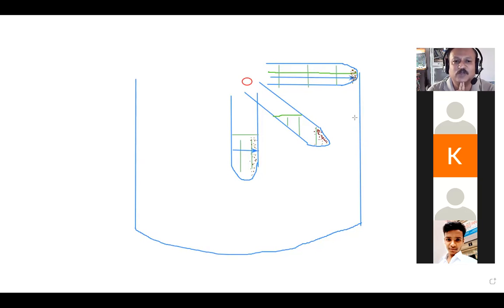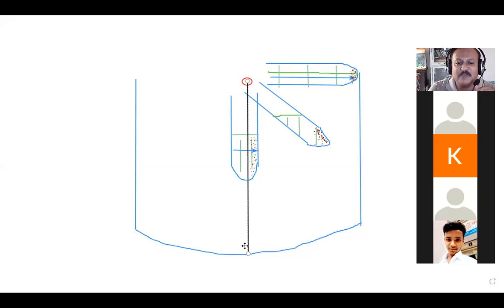Why will the rotor fall? See, the rotor is fixed at the center. At this point, I'll just show you the shaft. The shaft is inside. This is the shaft. This is the central axis of the rotor.